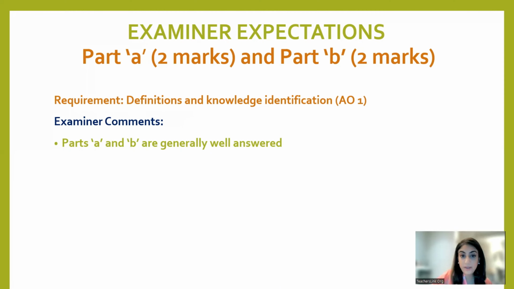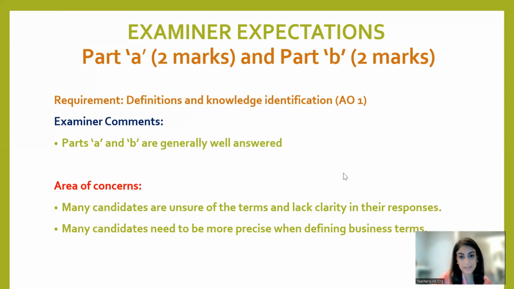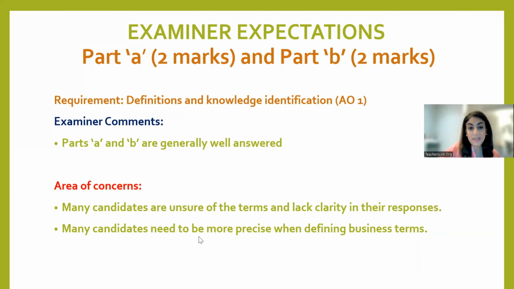However, where are the marks being lost? This is where the marks are being lost: many candidates are unsure of the terms and lack clarity in their responses. If you don't remember the exact definition, you need to give at least 2 points.